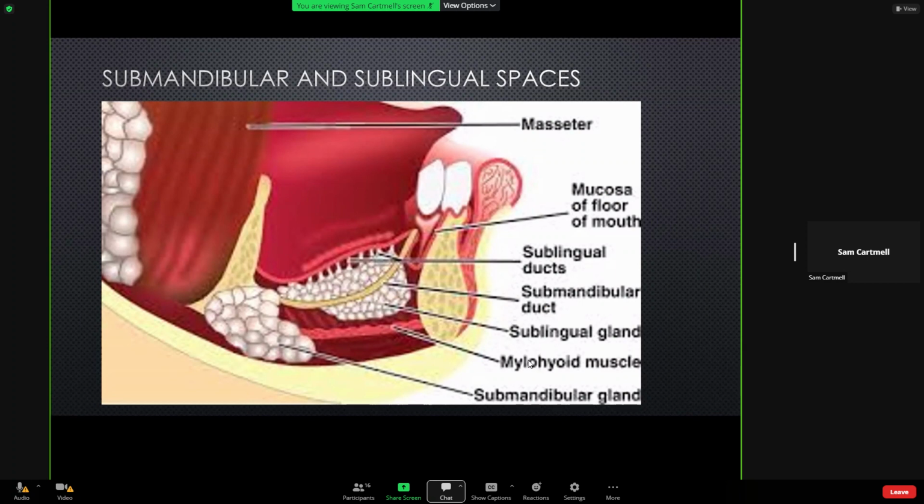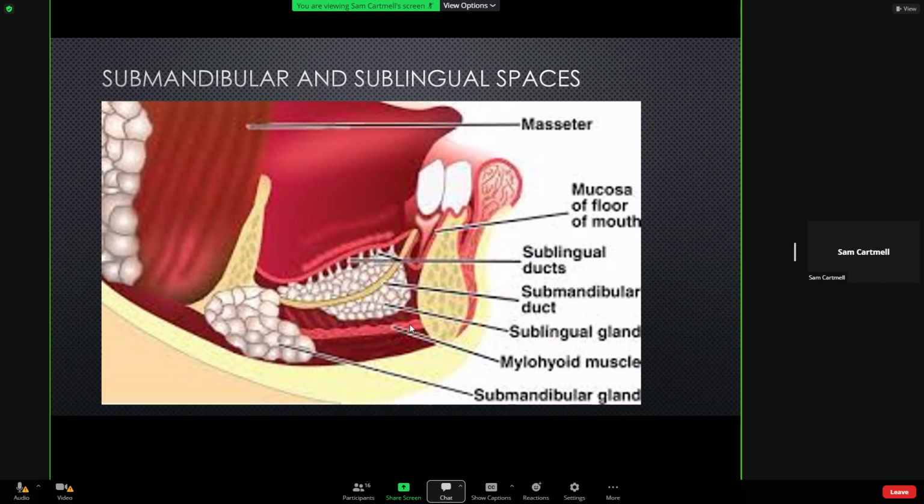This muscle, to review, is a flat muscle that goes from either side of the mandible and forms a floor. Above it is the sublingual space where the sublingual gland sits, and below it is the submandibular space where the bulk of the submandibular gland sits.